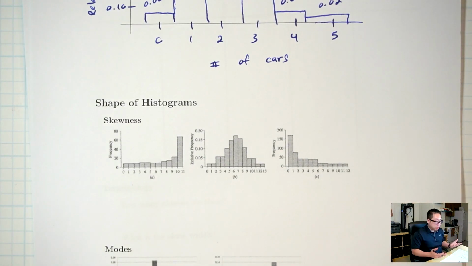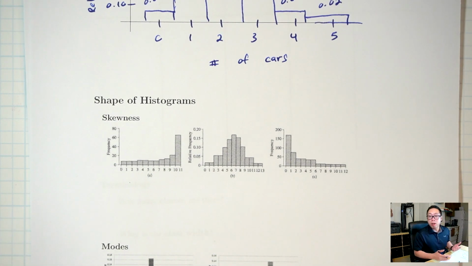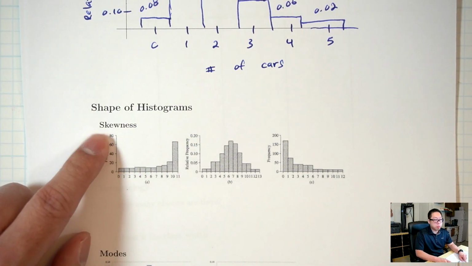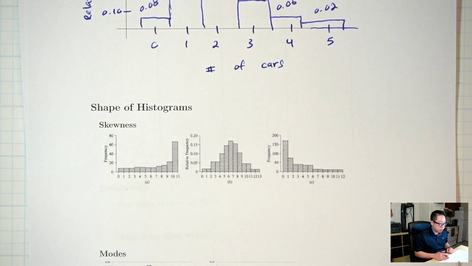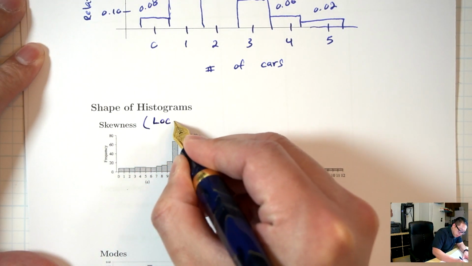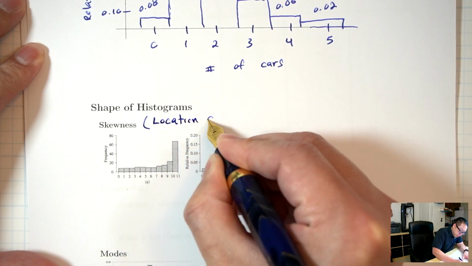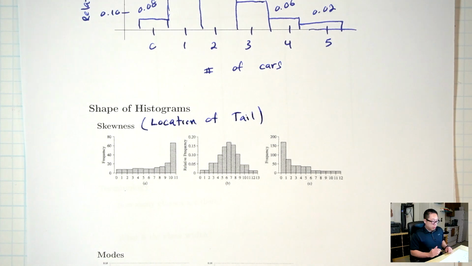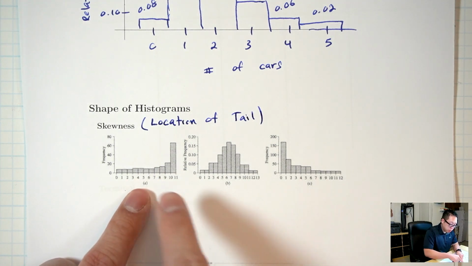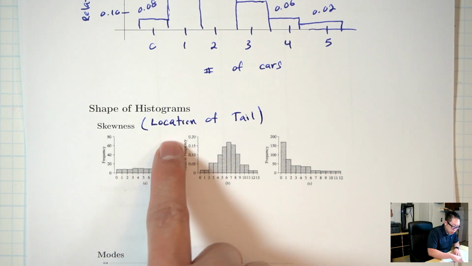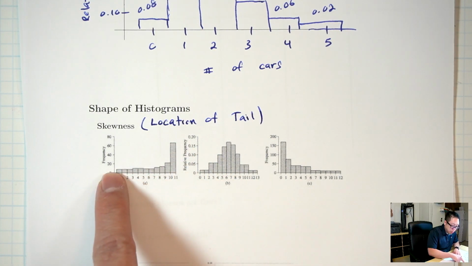Okay, so now that we know what histograms are, let's talk about some terminology about the shape of the histograms. So the first terminology is skewness. Skewness refers to the location of the tail. Here's the histogram. Notice that you have a peak here, and this low part here is the tail.